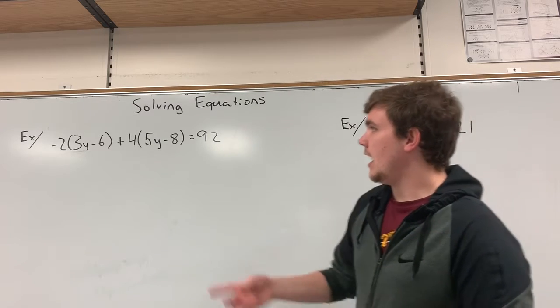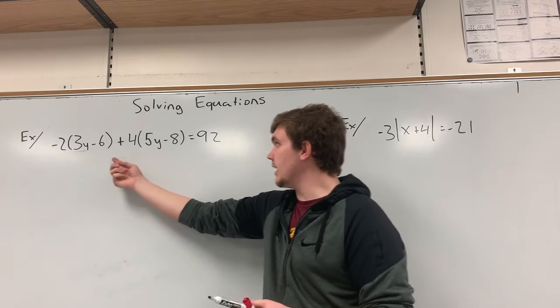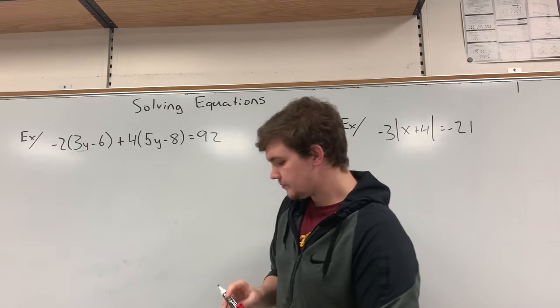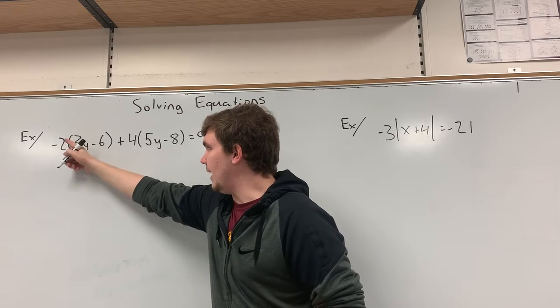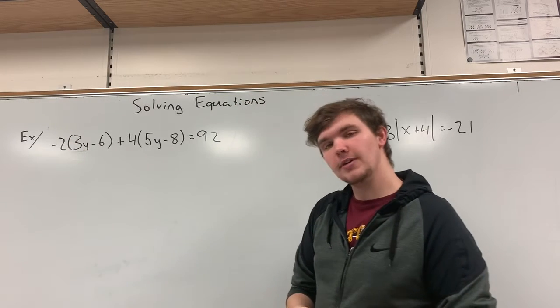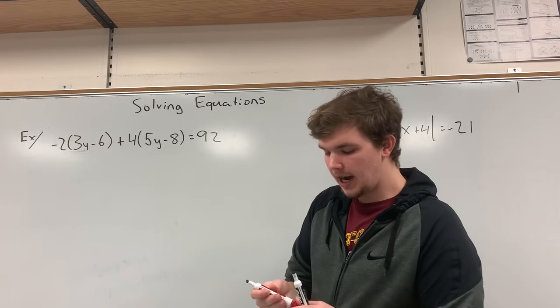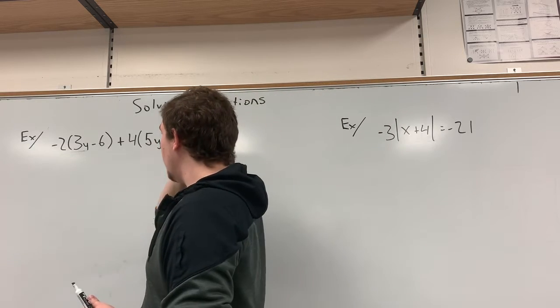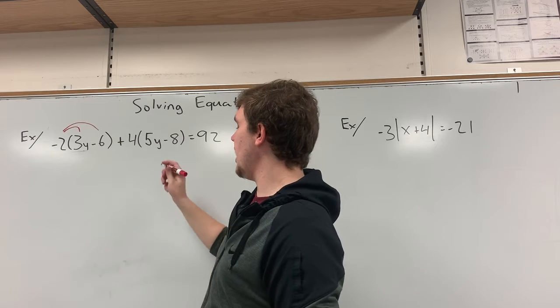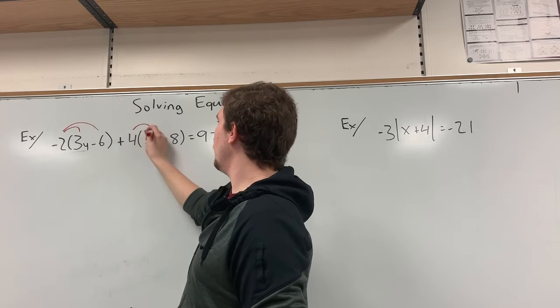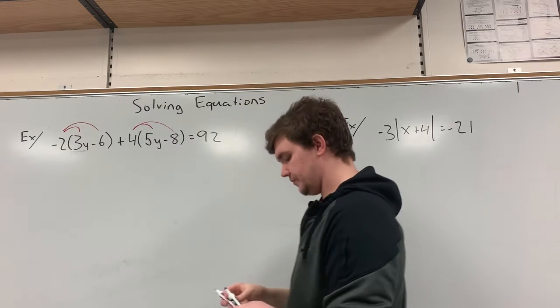Okay, so I'm going to start with this kind of longer equation. I see that I have some numbers on the outside of some parentheses, and I don't really like those parentheses, so I am going to start by distributing this -2 through to that parenthesis, and then this 4 to this parenthesis over here.